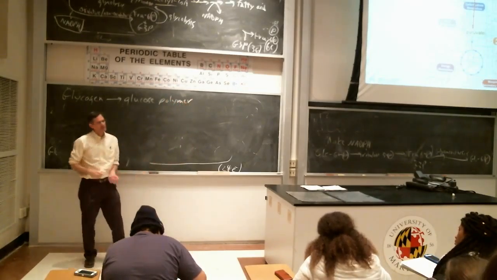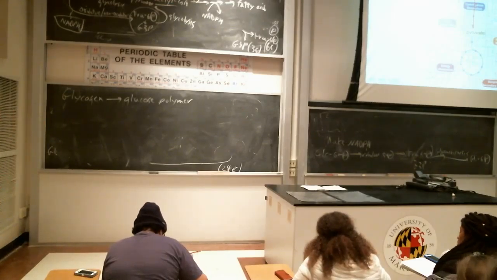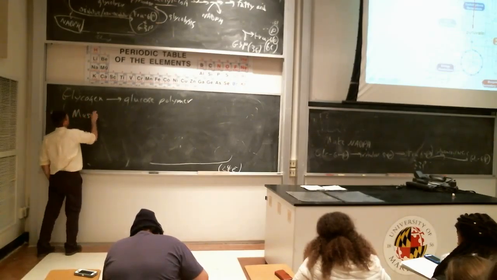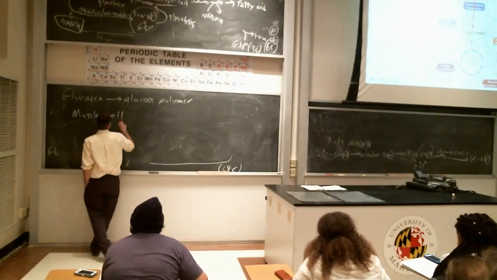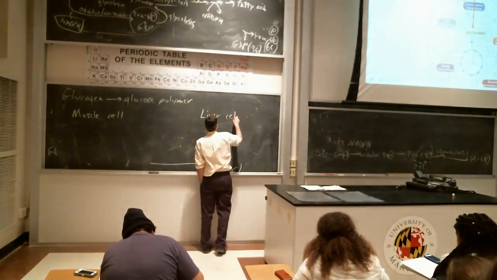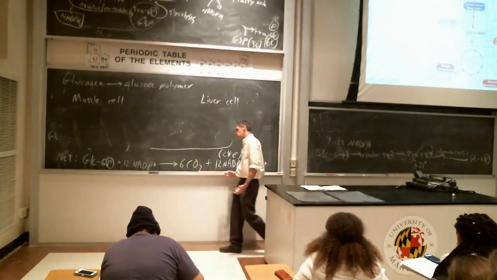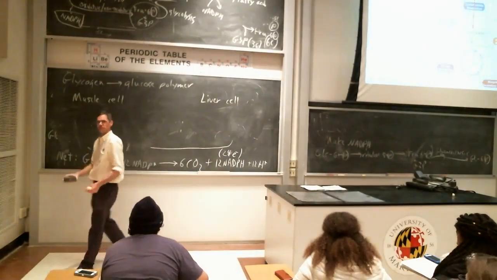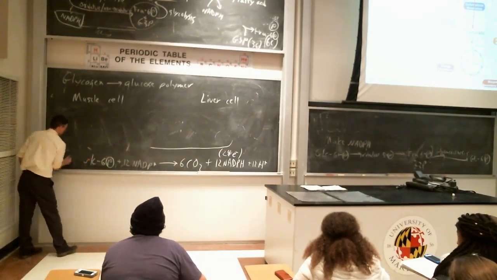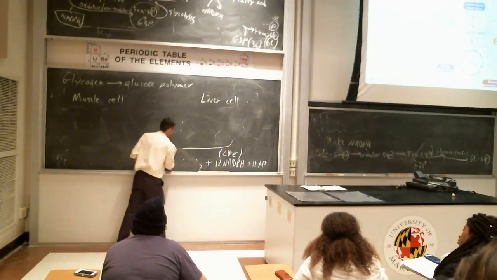Glycogen is made and stored in cells, and it's made mostly in muscle cells and liver cells. In both of these cells, it's used as a way to store essentially glucose, but the metabolism of these cells is different. So let me comment on why these cells want to have glycogen.